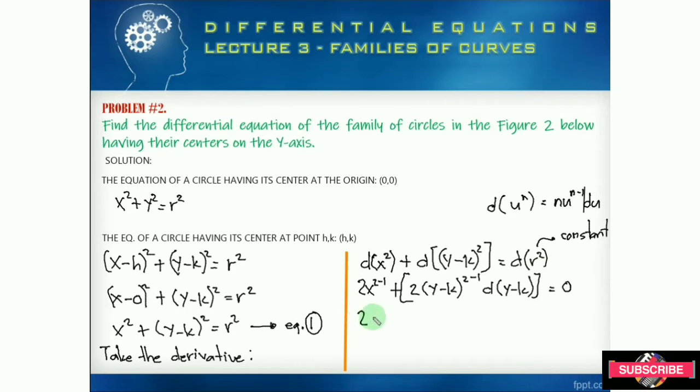So simplifying, 2x plus the derivative of this one: we have 2 times the quantity y minus k.